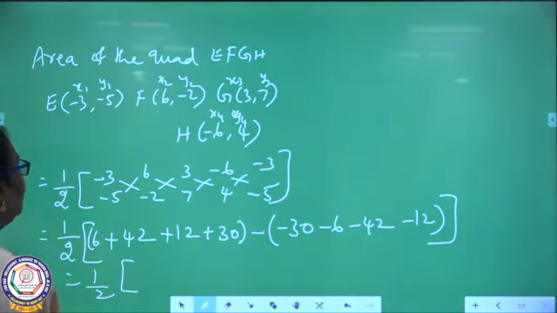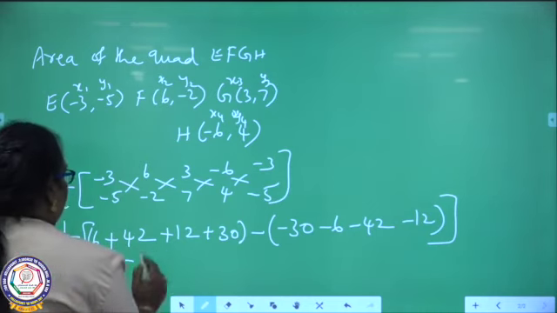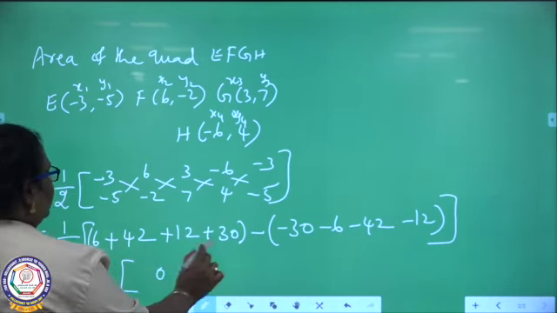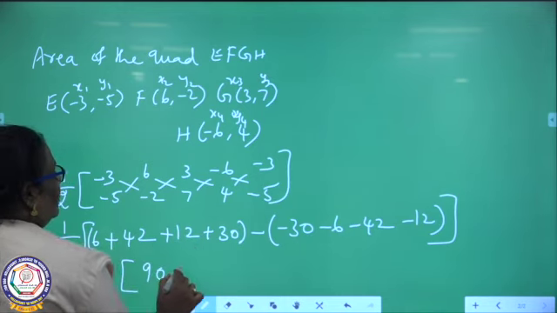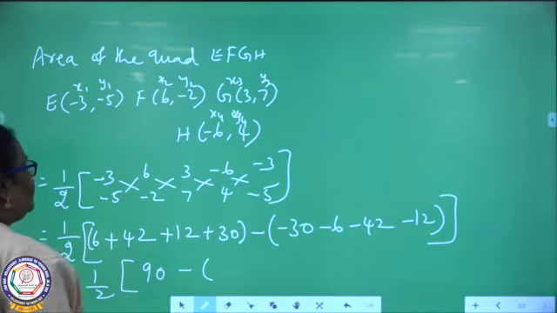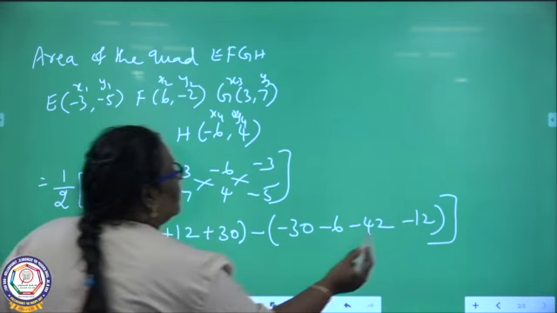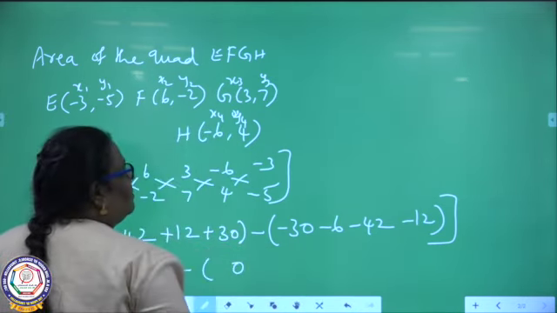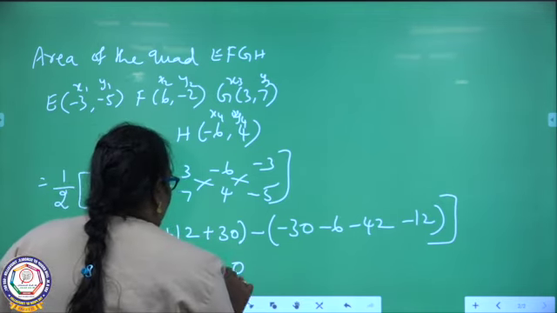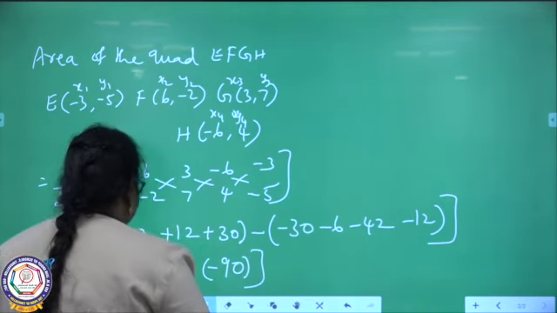1 by 2 into 0 minus of 2 plus 2, 4, 4 plus 6, 10, balance 1, minus 90.